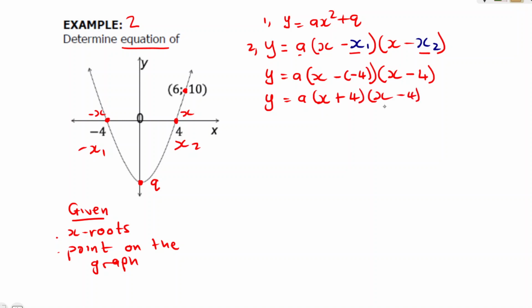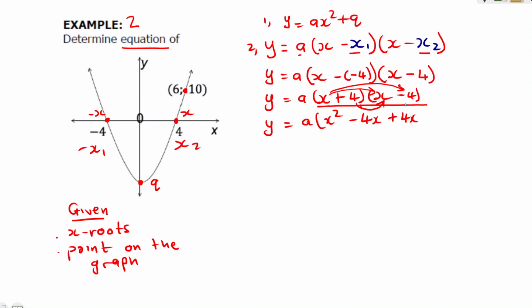I can factorize this. So y is equal to a, x multiplied by x, that is x squared. Again, x multiplied by negative 4, that is negative 4x. Then 4 times x, that is positive 4x.